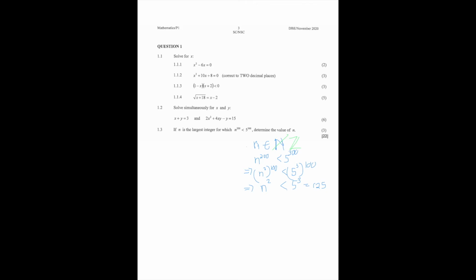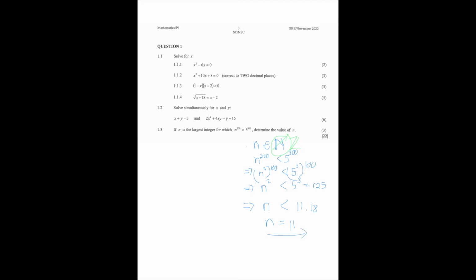And we can then solve and say that this means that n is less than 11.18. So if you take the square root of 125, it'll give you, rounded to 2 decimals, 11.18. But remember, n is an integer, so this means that n is equal to 11.